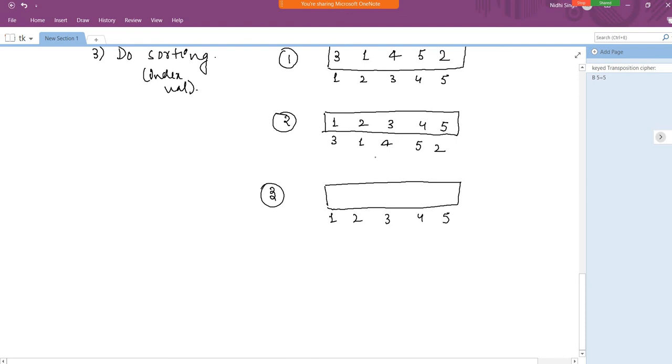Then what will be the associated values? What is the value associated with 1? That is 2. What is the value associated with index value 2? That is 5. For 3, it is 1. For 4, it is 3. And for 5, it is 4. So that will be your decryption key. That is 25134.